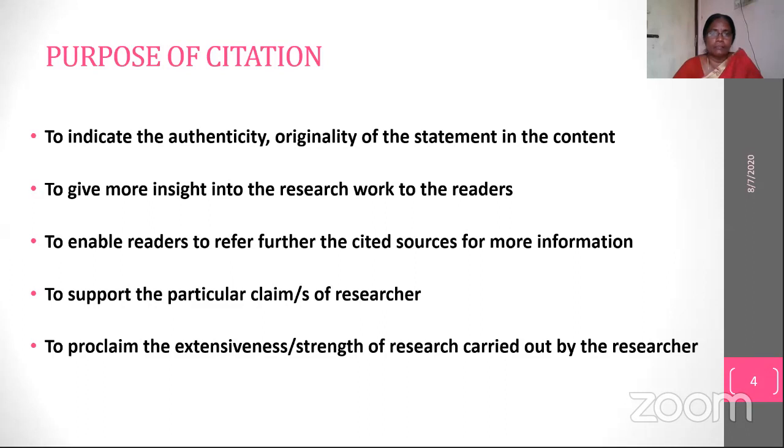This is the statement in the text, in my work or in my thesis. I claim that Gandhi visited Annamalai University in the year 1934. To confirm that information, I have given the reference, either at the bottom of the page or at the end of the research paper.